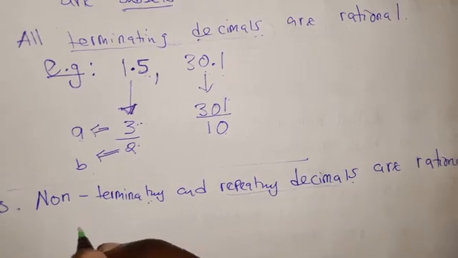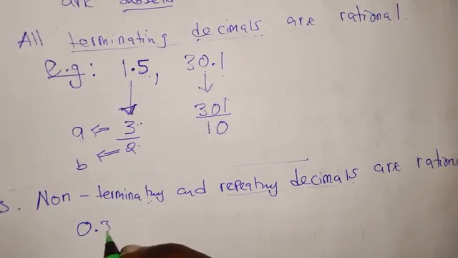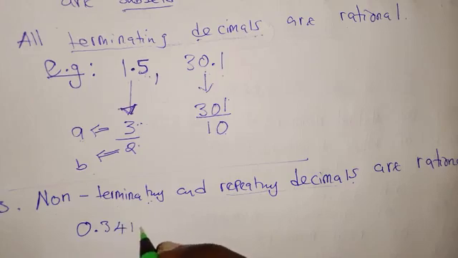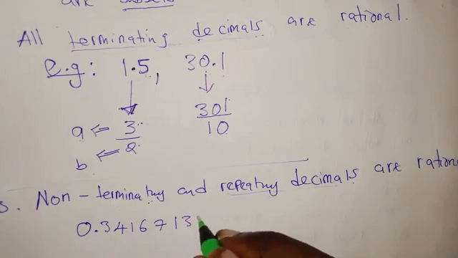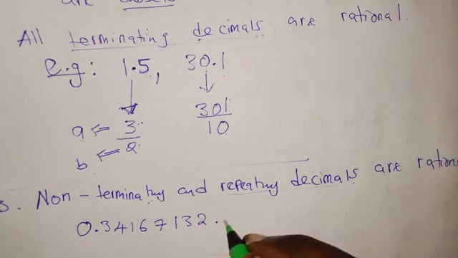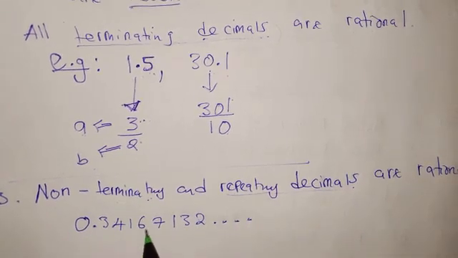For example, 0.3416713 continues. This is non-terminating.